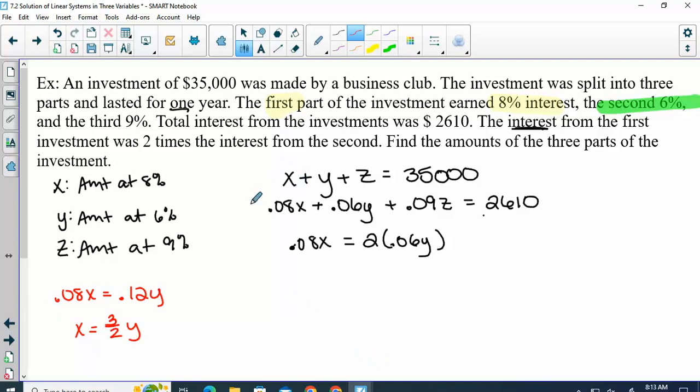And so you're saying sub that into the other two equations? So if we did that, it'd be x equals 3/2 y.